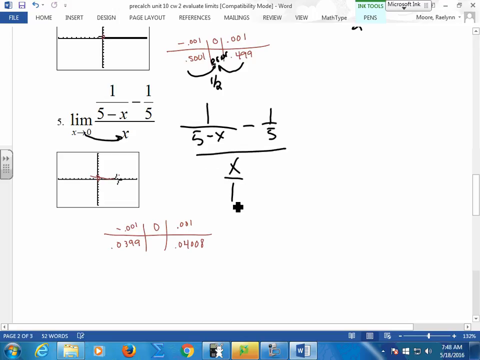Let's put this over 1. What's your common denominator? So just give it to me in two sets of factors. 5. So 5 times 5 minus x. So put this on the top of every term.